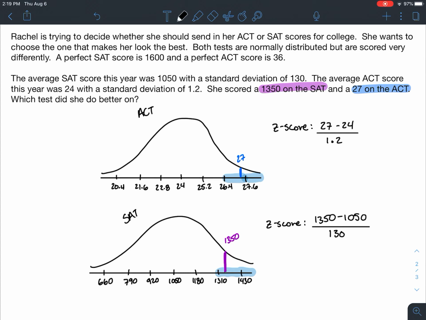So now we're just going to do the math to come up with what those z-scores are. If we do 27 minus 24 divided by 1.2, let me put that into my calculator real quick. We get a z-score of 2.5. And if we do the other one, which is 300 divided by 130, we get a z-score of 2.3.